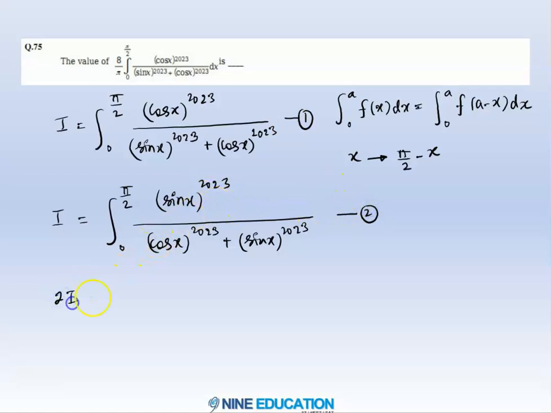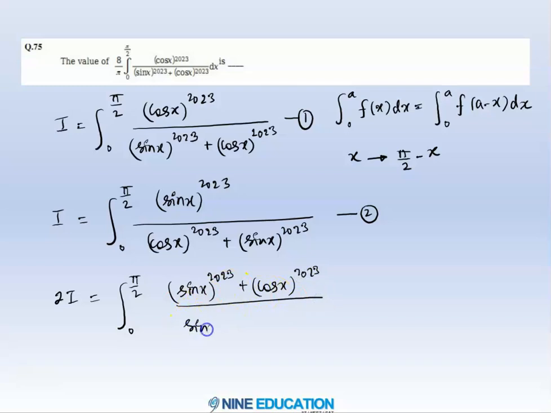So on adding, since the denominator is the same, the numerators get added up, and then numerator and denominator both become the same, and we can cancel all the terms. We are left with the integration from 0 to pi by 2 of 1 dx, which is equal to pi by 2.